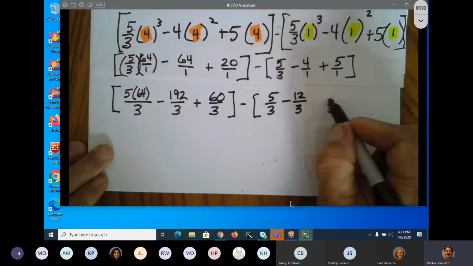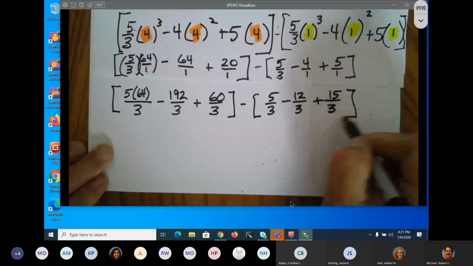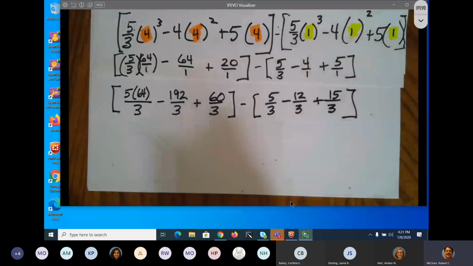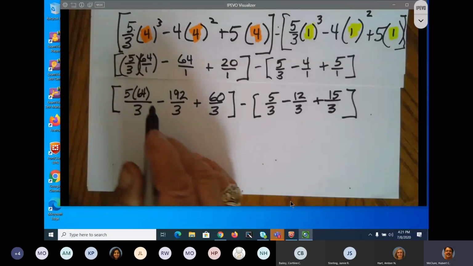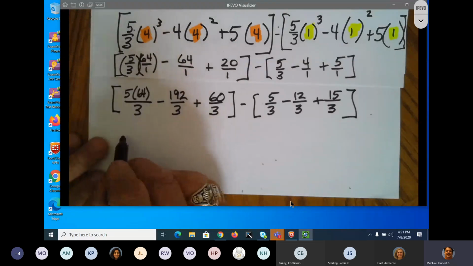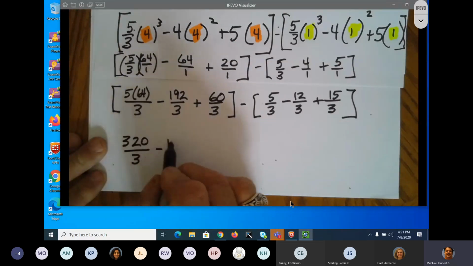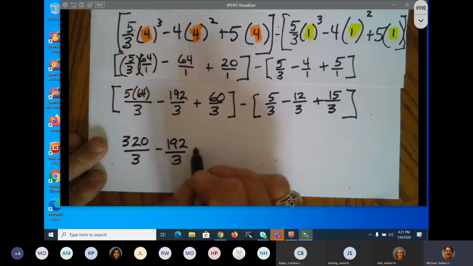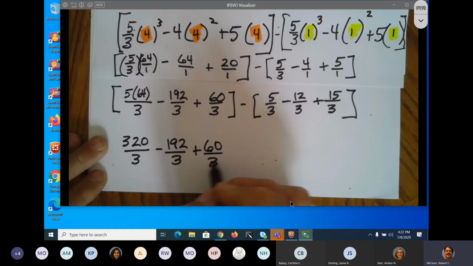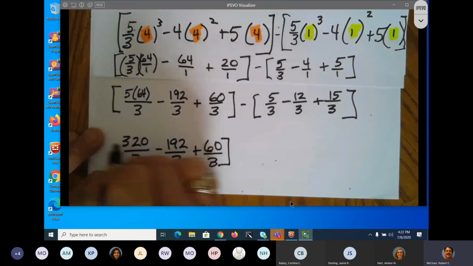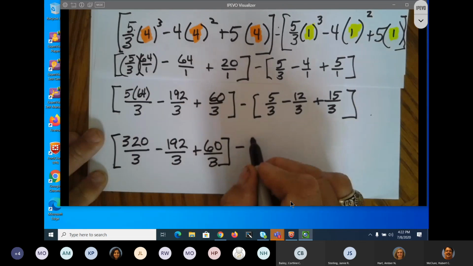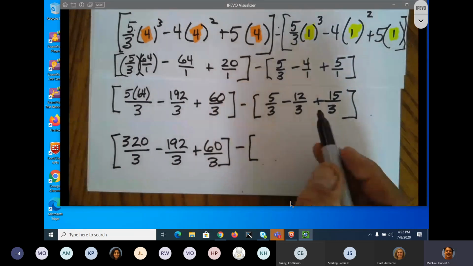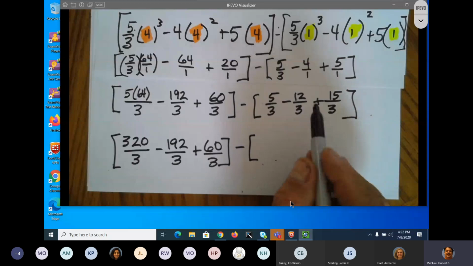I just got a common denominator. And 5 times 64 is 320. So that's 320 over 3 minus 192 over 3 plus 60 over 3 minus 5 minus 12 is negative 7. I hate subtraction. Negative 7 plus, that's 8 over 3.